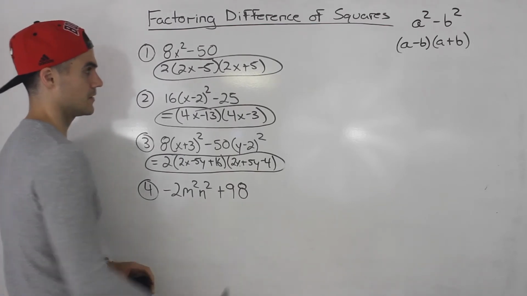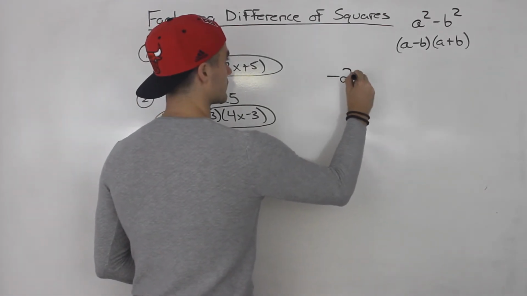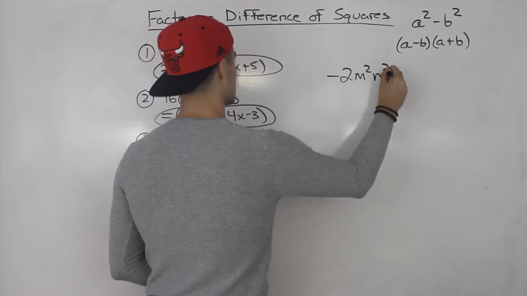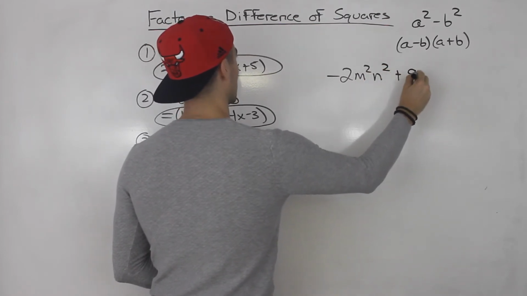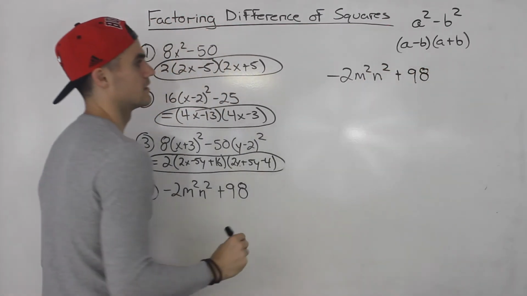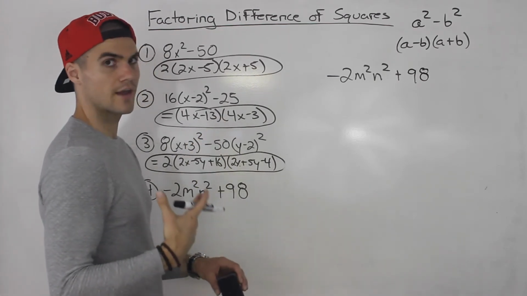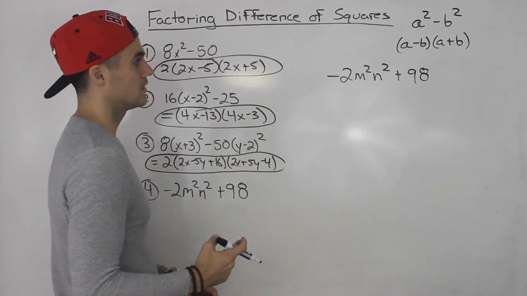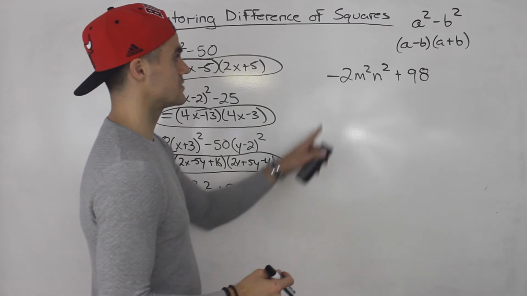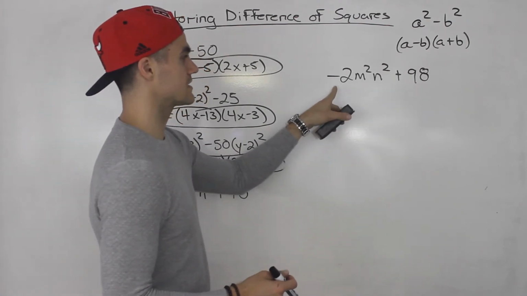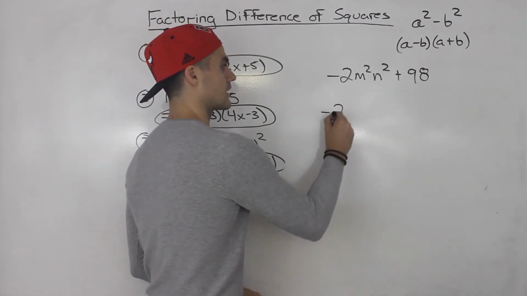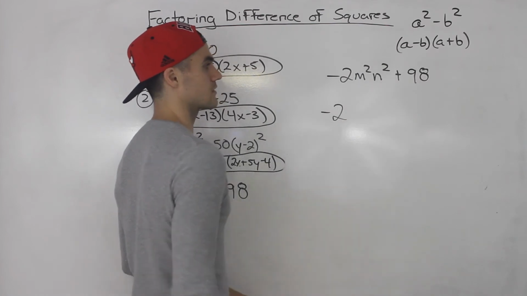So number 4, negative 2m squared n squared plus 98. We got to factor that. First thing you check, can you factor anything out? Notice we could take out a 2 from everything. And this is a negative 2, so we're actually going to take out a negative 2 just to make this positive here.